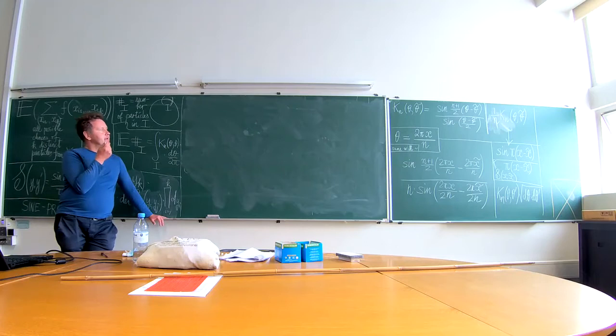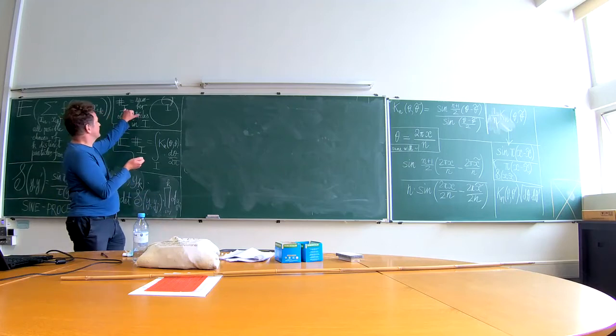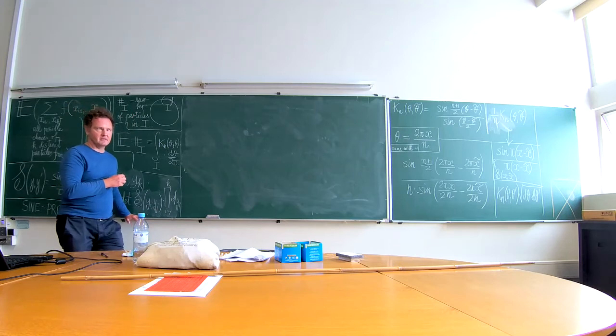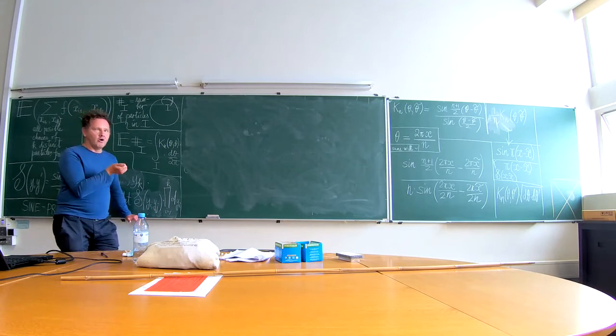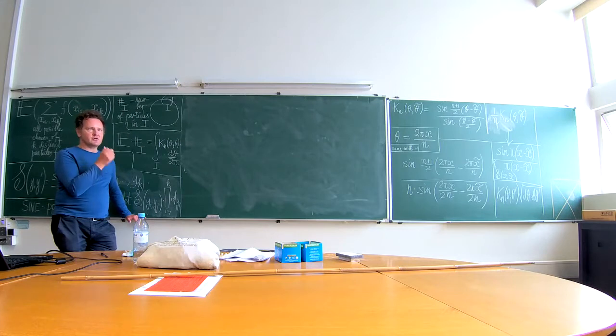Well, the natural random variables are precisely these ones. So the number of particles in some interval. So I need to determine joint distributions of these numbers of particles.